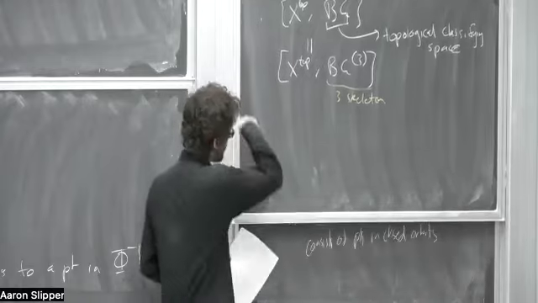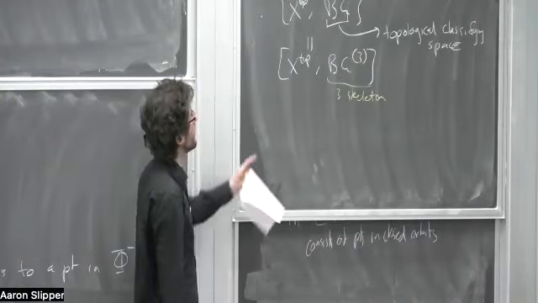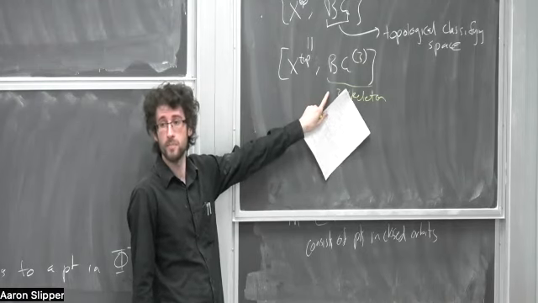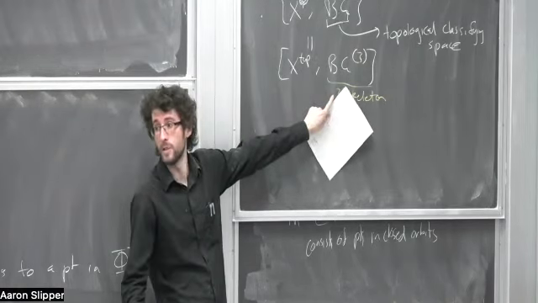Okay, so what we want to know is pi naught of BG, pi 1 of BG, and pi 2 of BG.